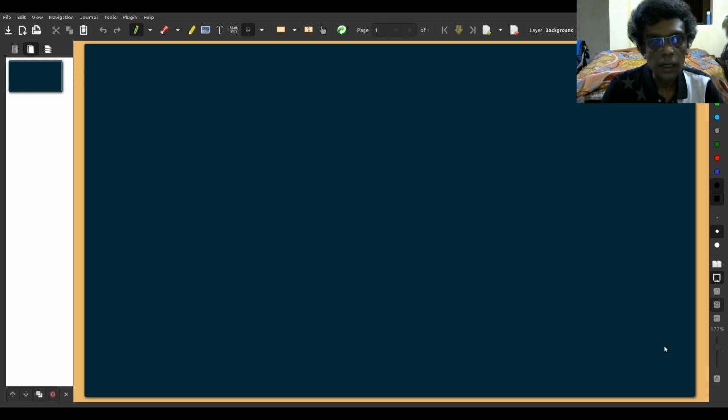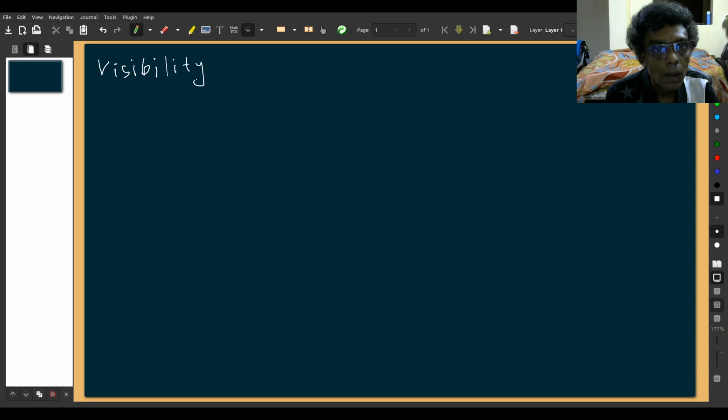Today, I will give you another application of the sweep paradigm, that is, we will construct what is called visibility polygon.